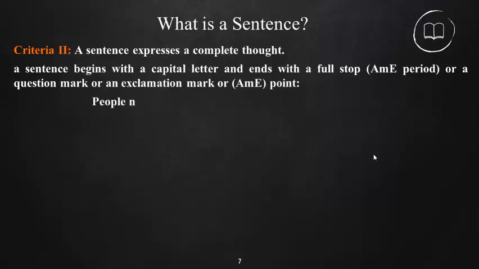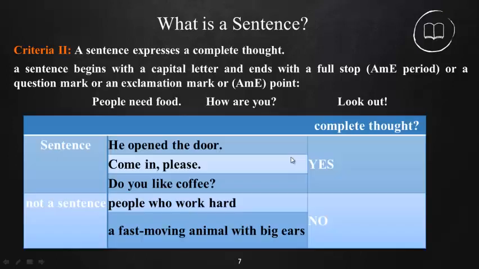Let's see some examples. People need food. So there is a capital letter P and a full stop at the end. The next example is how are you? It is a question. It starts with a capital letter and ends with a question mark. This is okay. And then look out! It is also a sentence. The subject is obvious, which is you, and it ends with an exclamation mark.